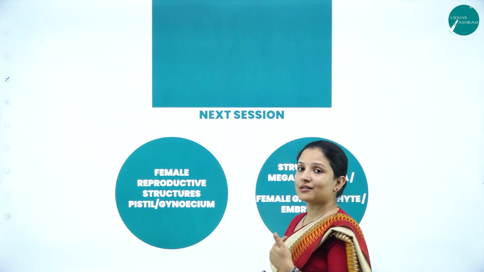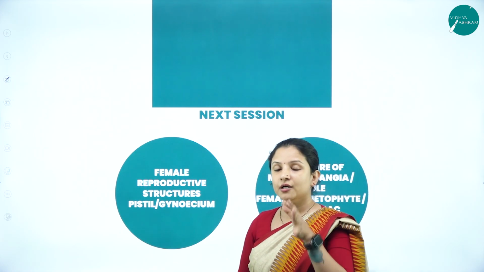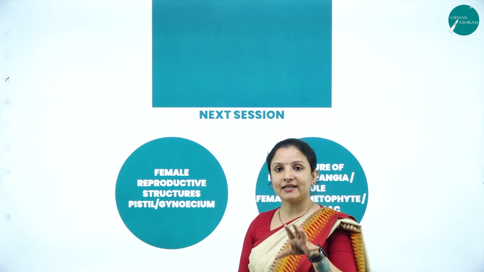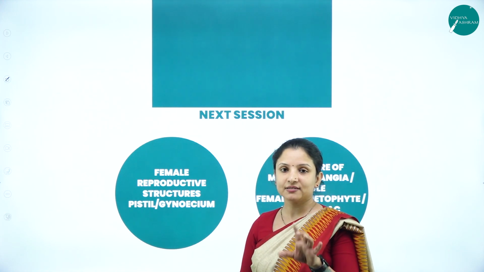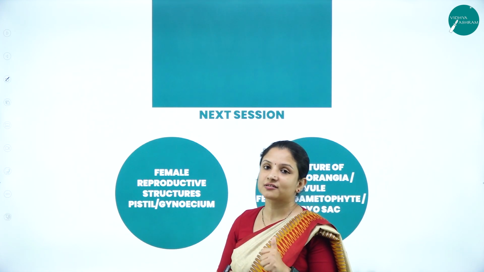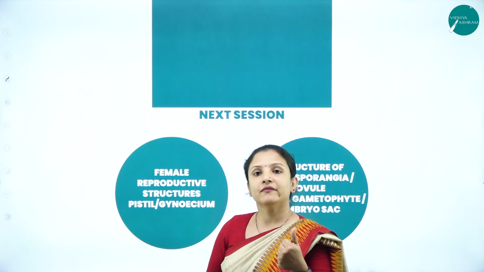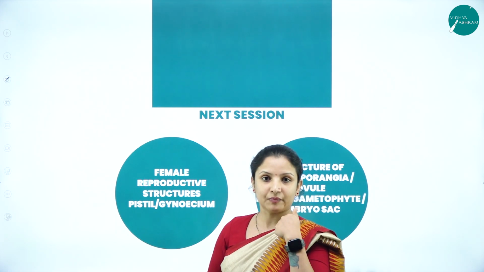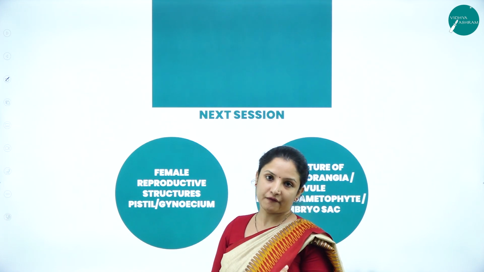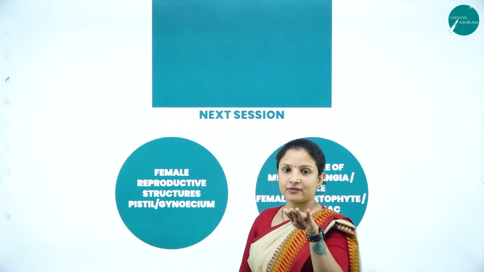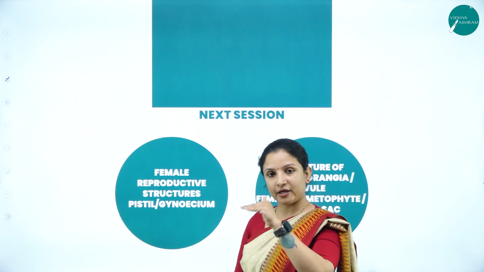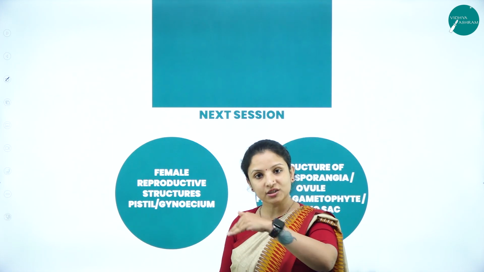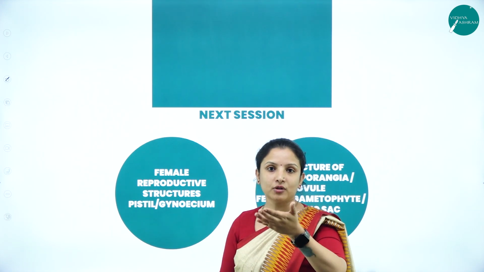Next section will continue with the female gametophyte. So far in this session we studied the male gametophyte. We learnt about the structure of the stamen, that it is made up of anther and filament. In the anther, microsporangia is there. In the microsporangia, microspores will be developed, which are nothing but the pollen grains.